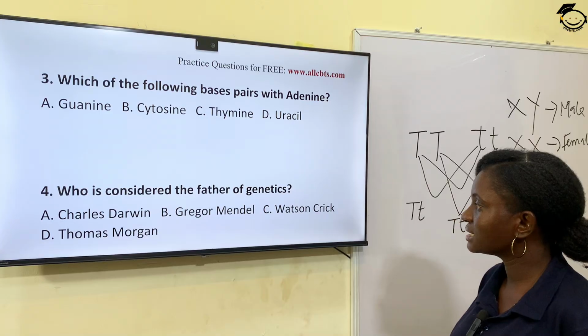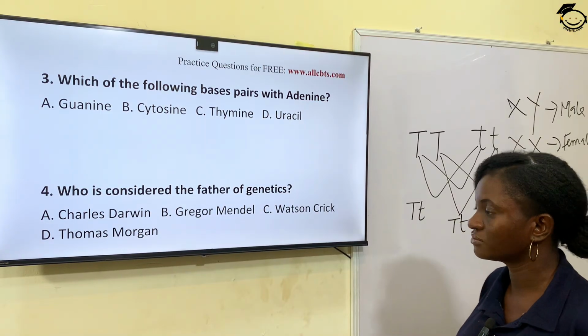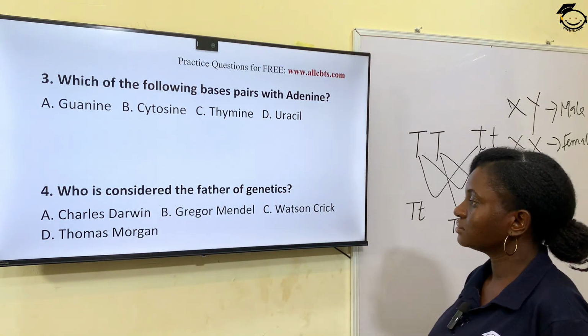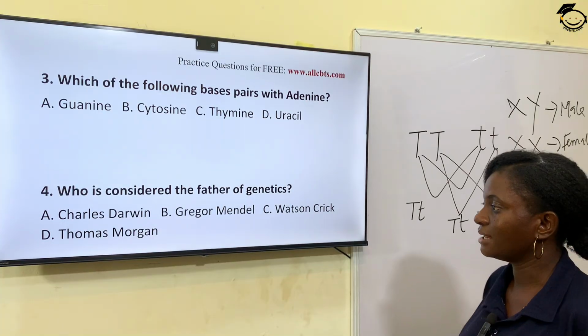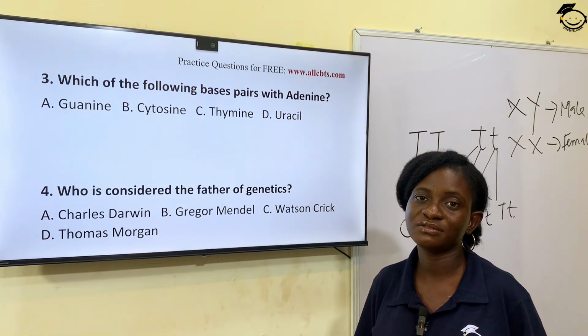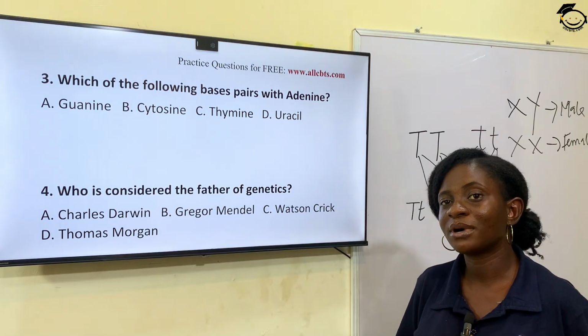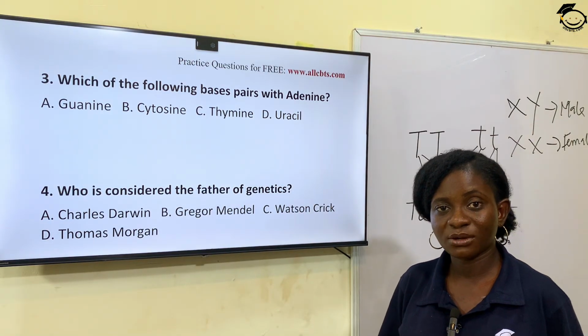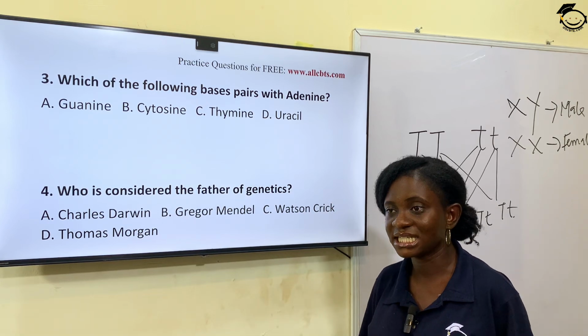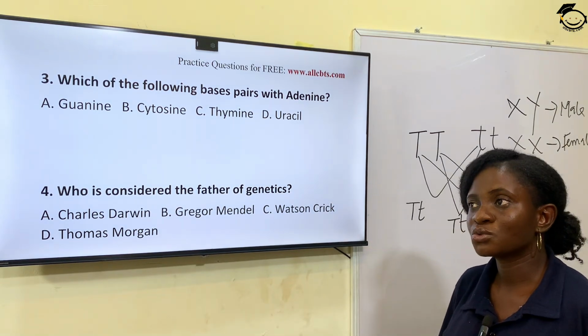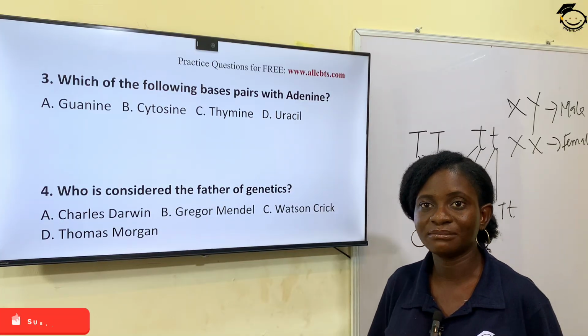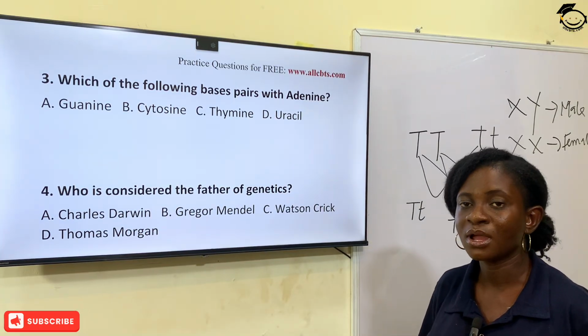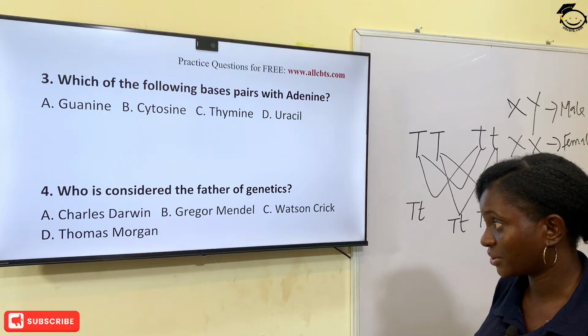Who is considered the father of genetics? During the course of the lecture, I made mention of the father of genetics when I was talking about Mendelian inheritance. The father of genetics is Gregor Mendel. I made mention that he did experiments that let us understand some genes being dominant and recessive when he used pea plants for his experiments.